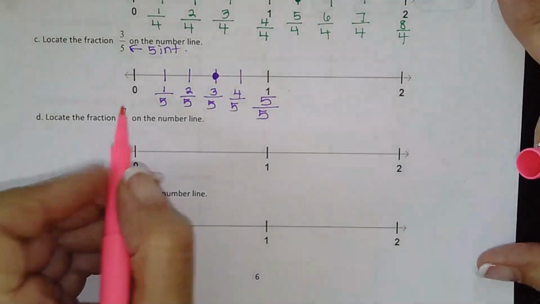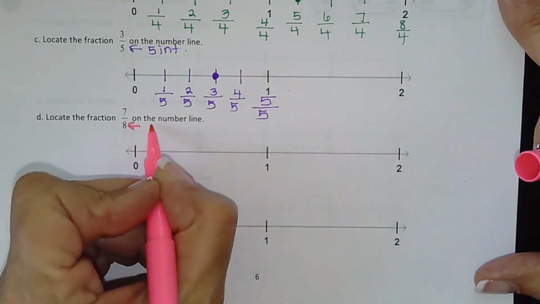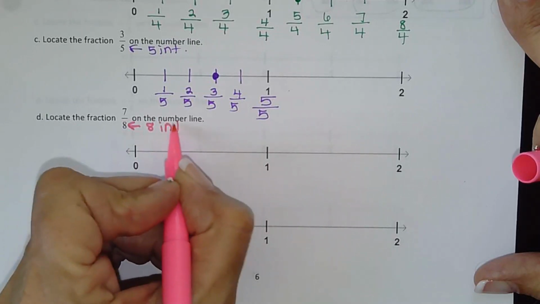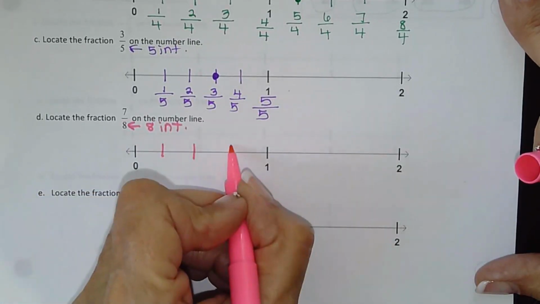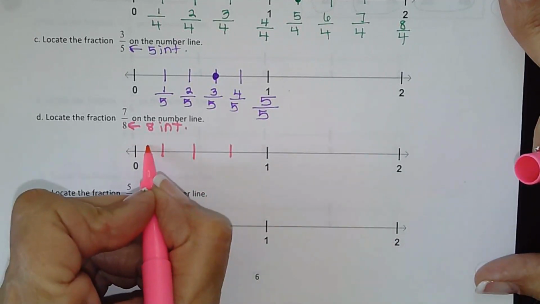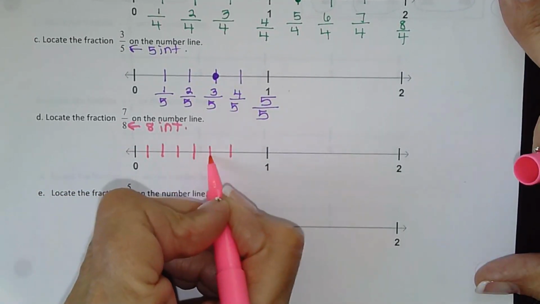Okay, 7/8 means there's going to be 8 intervals. So cut it in half again to make fourths, cut each of the fourths in half to make eighths.